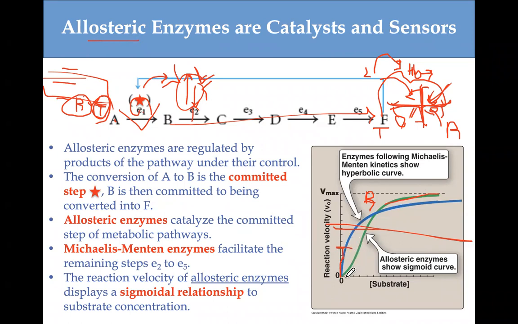In the T state, as we are adding substrate, the velocity is not increasing as much, because in the T state we said the enzyme is not welcoming any substrate to bind, so it's harder, and the velocity will not increase that much. So that's why we end up with a sigmoidal curve, which is basically the combination of the R and T states.